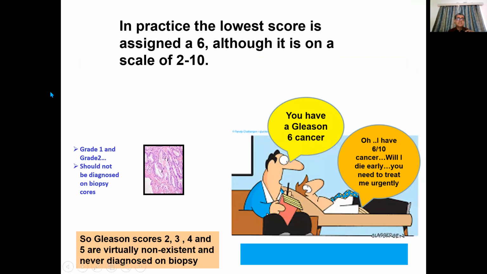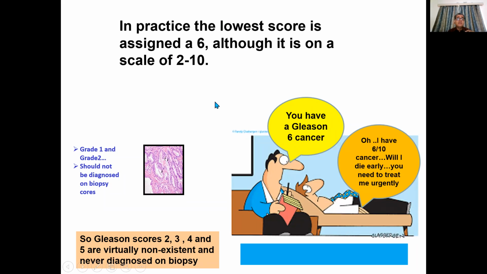Another thought process which has come in very recent times is that 6, although it is in a spectrum of scale from 2 to 10, sits in the middle of the spectrum. In actuality and practicality of treatment of prostate cancer, a score of 6 is the minimum cancer which can be diagnosed by the pathologist, and 6 is the minimum Gleason score which, as a urologist, you would be treating.